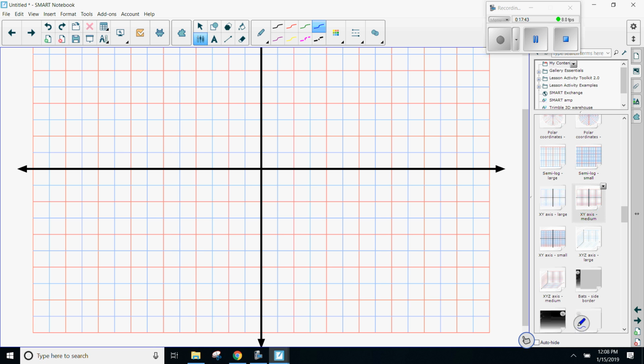I'm going by 2s, 2, 4, 6, 8, 10, 12, 14, 16, 13. 2, 4, 6, 8, 10, 12, 13, which is right here, right? And then negative 16, right there. Right there's the center of our circle, right?